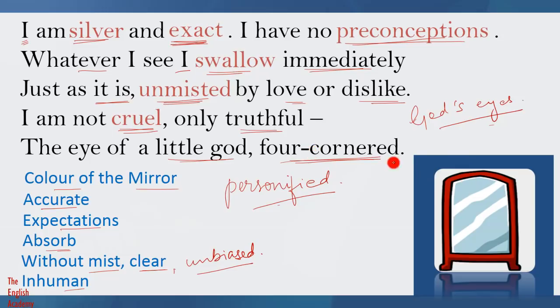So here, the mirror says, I also have four corners. You can see any mirror which is rectangular in shape or square in shape has four corners. So the mirror says that just like God looks around in all the four corners in the same way, He treats everyone equally. Similarly, the mirror says, I also have four corners and I also look at everything equally. I am unbiased. I don't have any partiality in me. I have no preconceived notions in my mind.